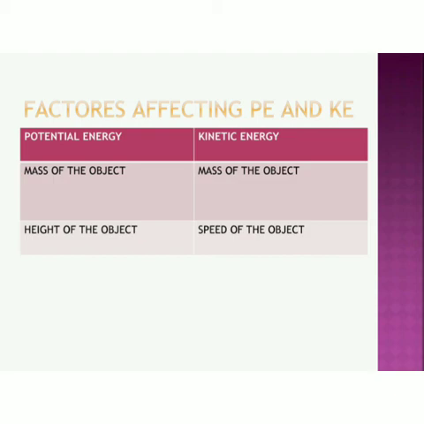Another example, for the speed of the object: a carom board. Place all the coins in the center of the board and hit the coins with the striker. What do you observe? When you hit the coins with less effort, they move a shorter distance, and when you hit with more effort, they move a larger distance.